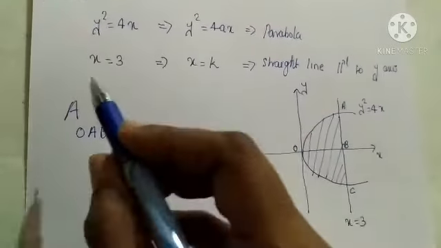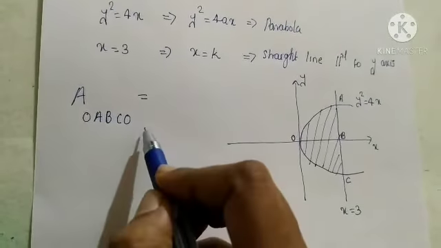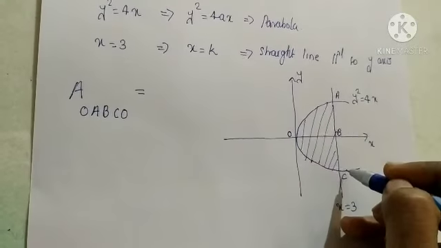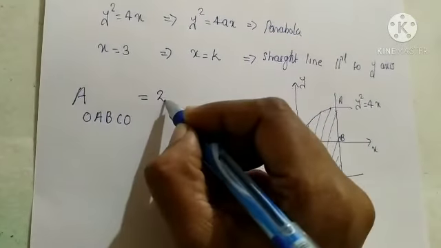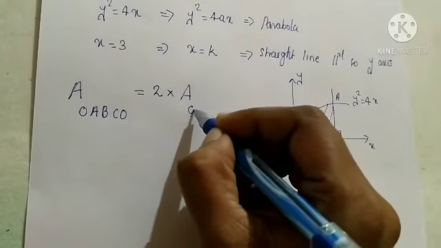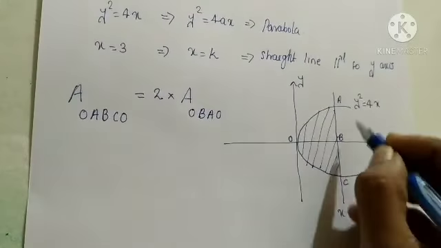Okay, so we can write it as area of OABCO is equal to, that means whole shaded region area is equal to 2 into area of this portion only, that means OBAO. 2 into OBAO.